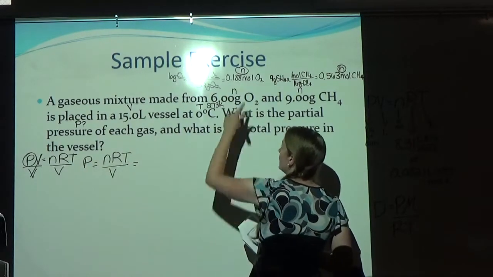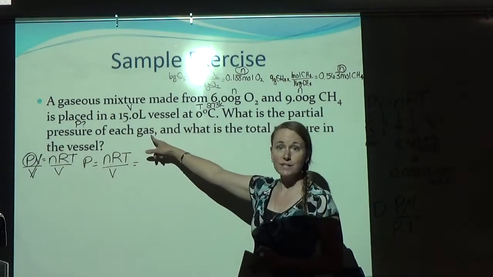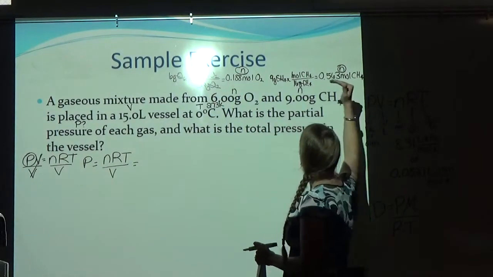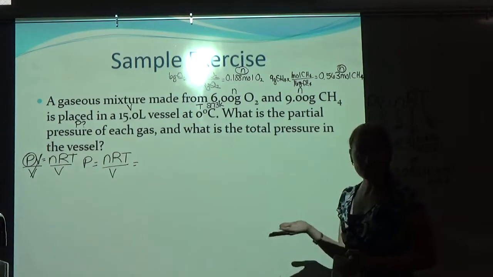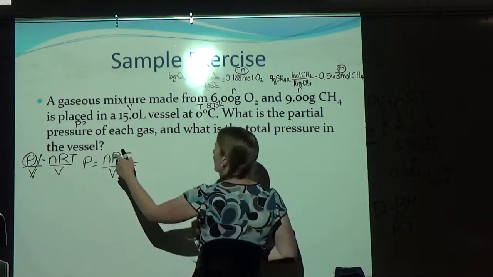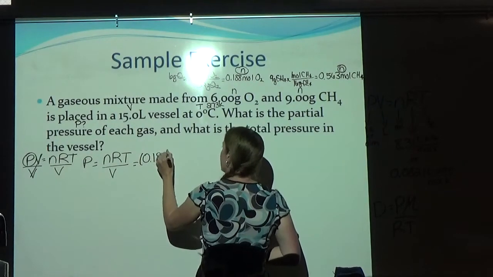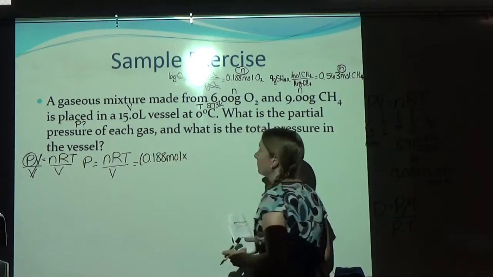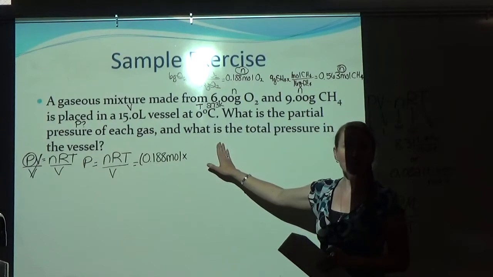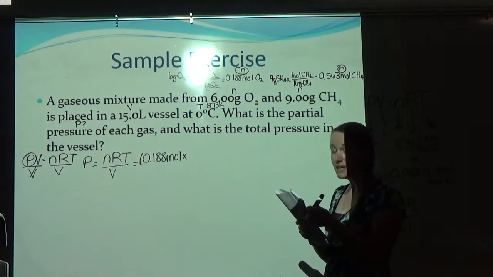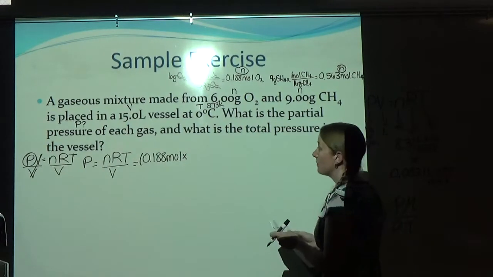I'm going to start with oxygen, because see how it says the partial pressure of each gas? That means I just need to focus on oxygen, and then I just need to focus on CH4, or methane. So I plug in my N for oxygen, 0.188 moles. It did not specify what unit for pressure, so you could use either R value. I picked 8.31, so I did kilopascals.